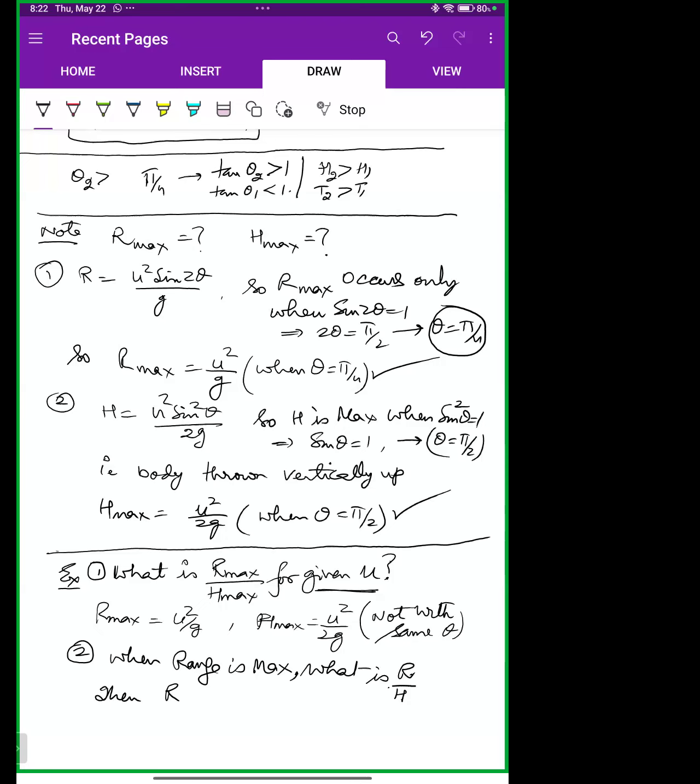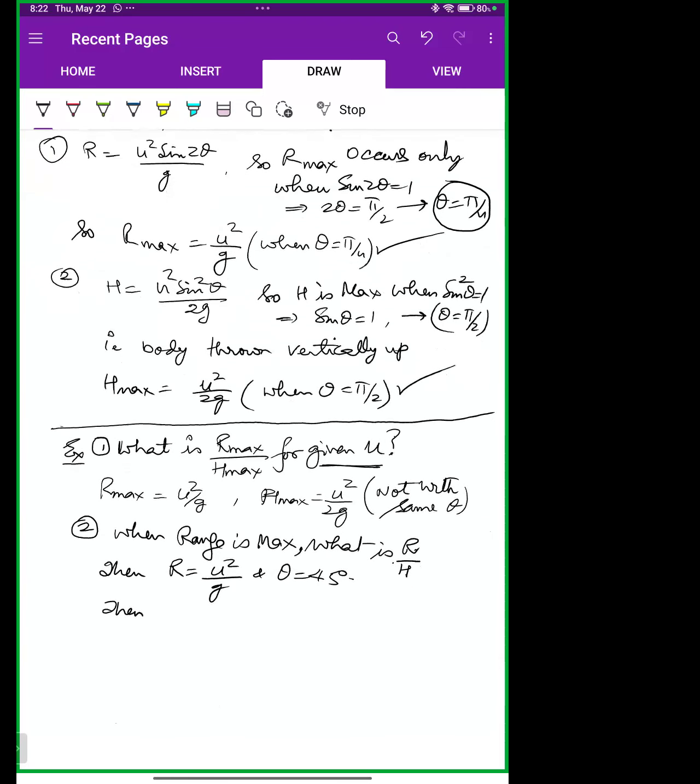Yes, it is 4. Then you see, range is max. Then R is equal to U square by G and theta equal to 45 degrees. R is max, H is not max. H is equal to U square sin square 45 upon 2G. That is U square by 4G.